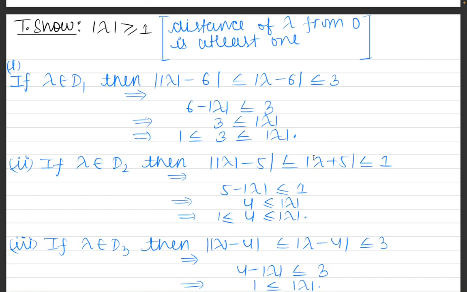Now if lambda belongs to D2, then again you use the triangle inequality, and you will have mod lambda plus 5. Oh, sorry, it should be 6. Again, reverse triangle inequality.